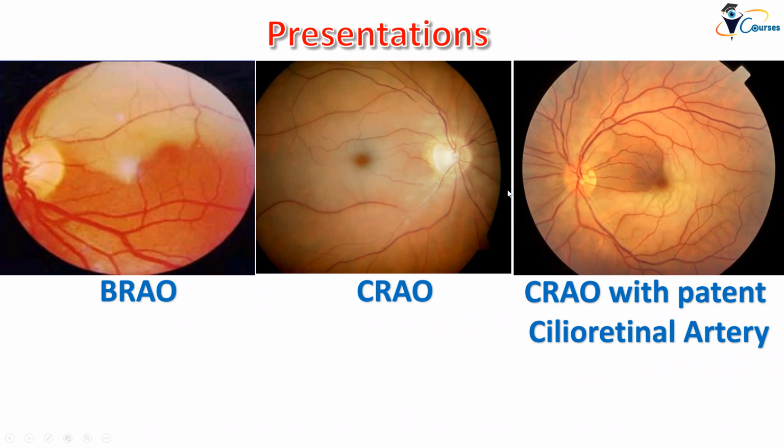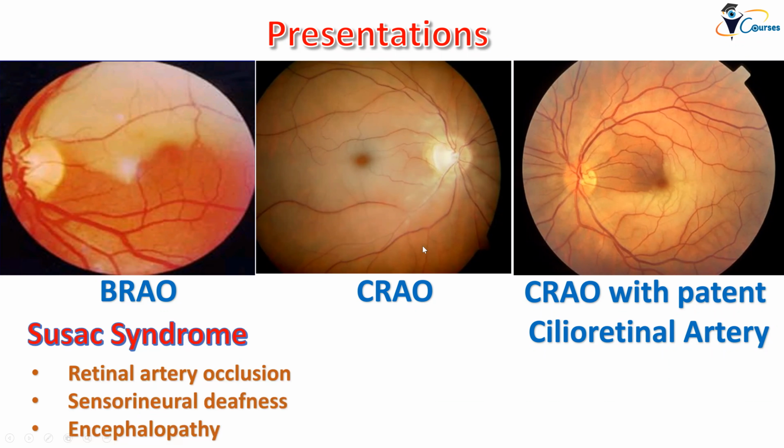There is another association with retinal artery occlusion, which appears frequently in exams, called Susac syndrome. In Susac syndrome, there is a branch retinal artery occlusion. This is a kind of vasculitis which occurs more commonly in females, leading to vasculitis of the retinal blood vessels, mainly branch retinal artery occlusion.